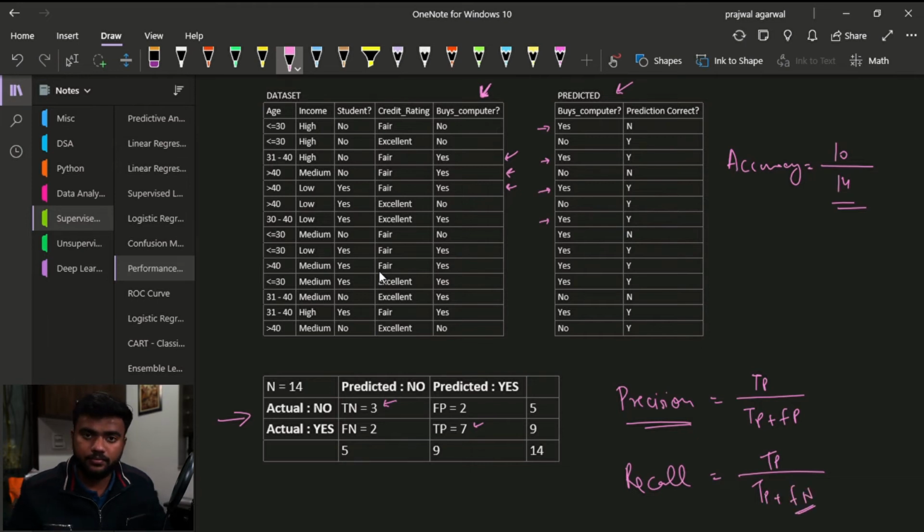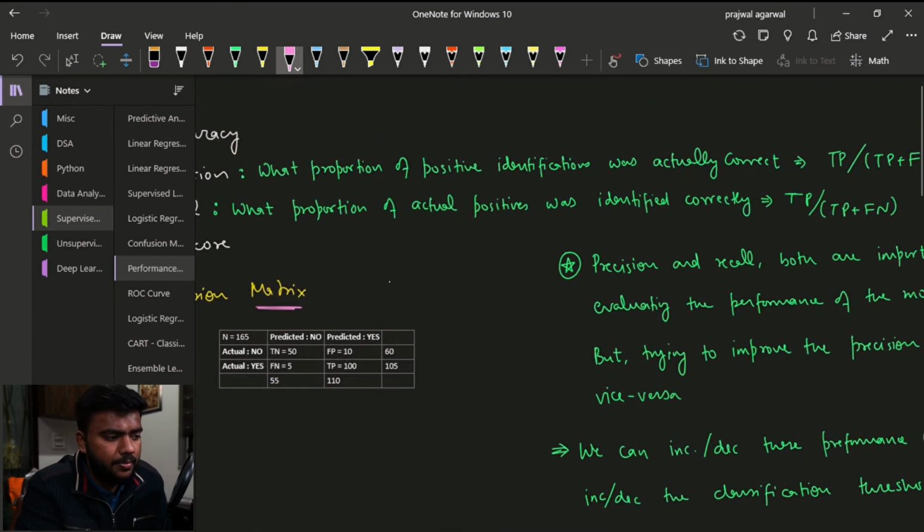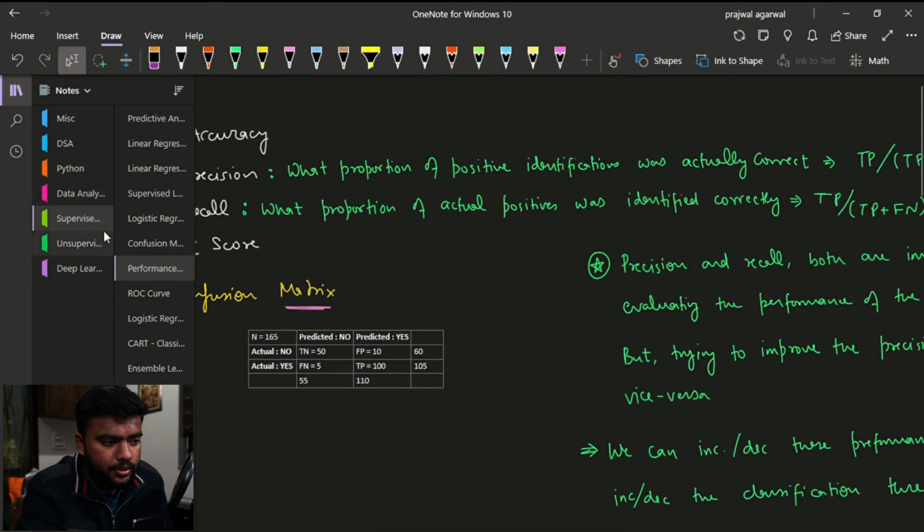The points that we have classified as no but are incorrect, that means they are yes in the actual data set. So this is precision and recall. Just remember, precision says what proportion of the positive identifications that you have made are actually correct, and recall says what proportion of the actual positives have been identified correctly.